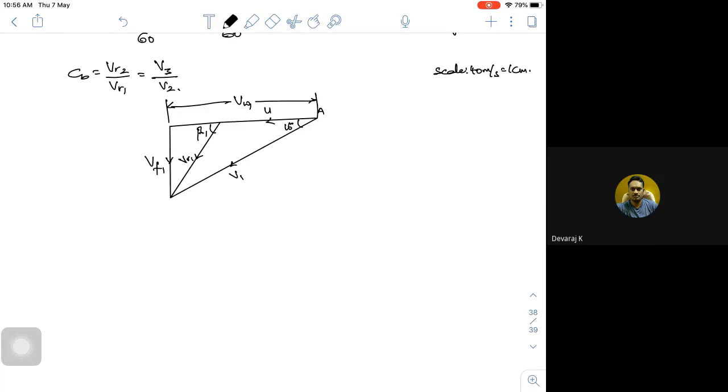Now for beta 2, if I call these points A, B, C, D, from the point D you take beta 2 as 18 degrees, and VR2 is equal to 0.872 times VR1. This is beta 2, which is 18 degrees.